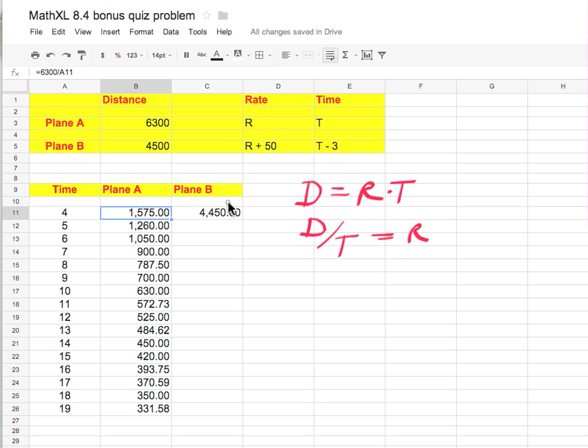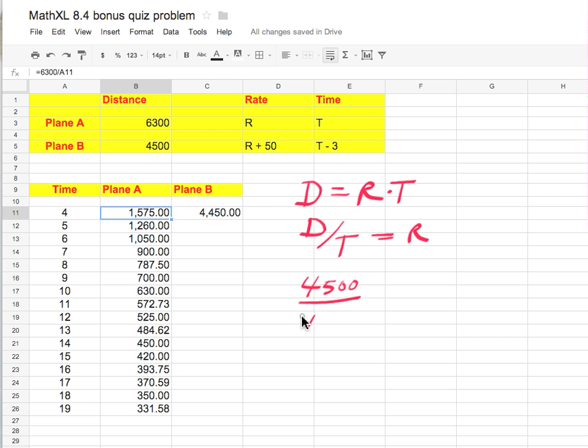And now, we can do the same thing for plane B. And this is where, when I played with numbers, the idea of how to solve this one algebraically came to me. Again, we are going to solve for r by taking d divided by t. But notice here that in the case of plane B, our distance is 4,500 kilometers.